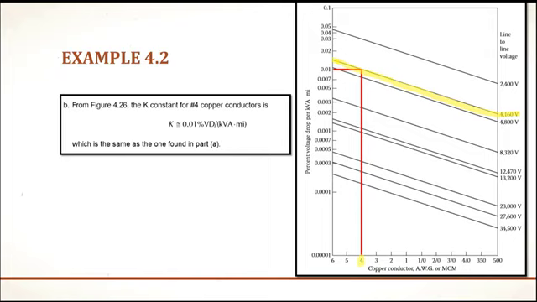So this is the point of intersection, and if you see, the value of k comes out to be 0.01% voltage drop per kVA mile, which is the same as what we have determined in part A.